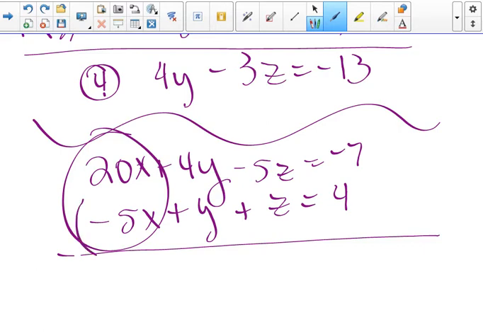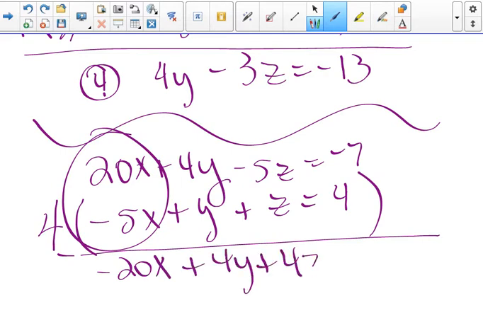But whatever you do to make them the same, you have to do it across the whole equation. So I have to multiply my second equation by a 4 to get these to be opposite. So when I do this, I'm going to get a negative 20x plus 4y plus 4z equals 16.